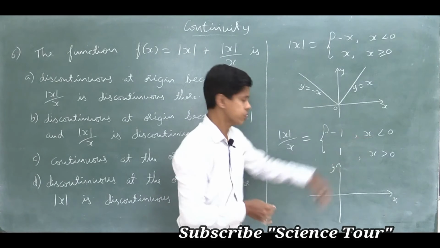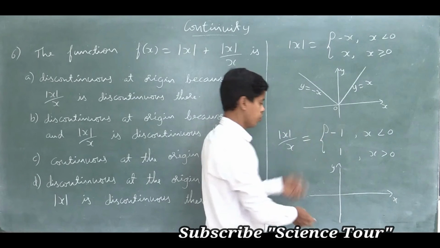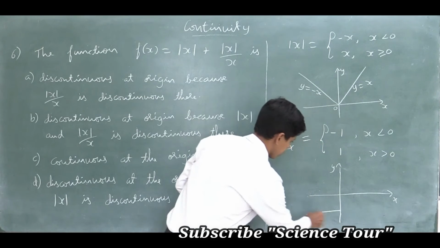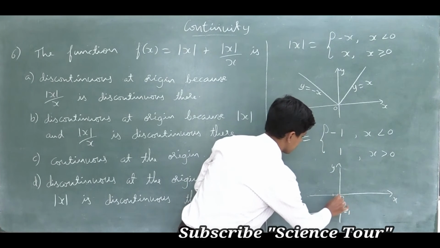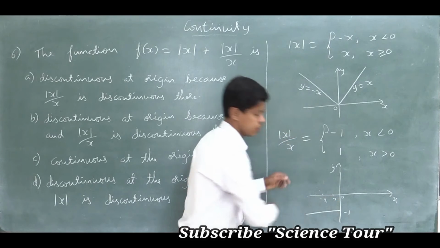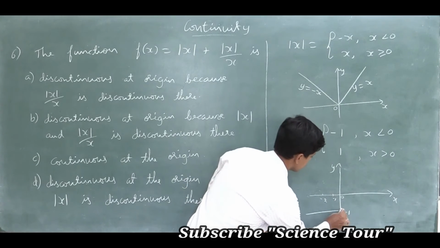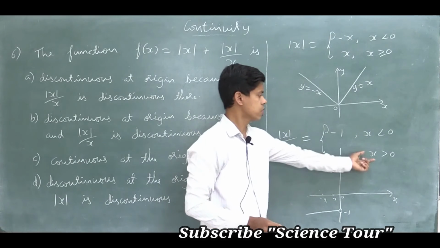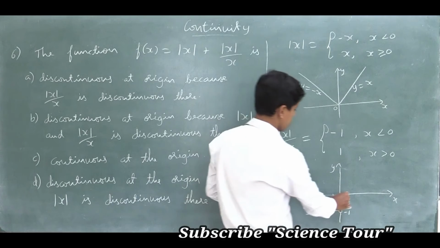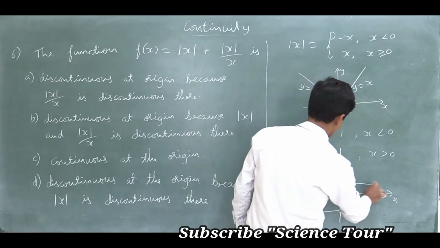For all the negatives, the value of the function, the output y, is minus 1, correct? So for all negatives, minus 1, minus 2 and all those values, y is minus 1, and at 0 you don't have any value there. And what about the positive values? For all the positive values of x, y is 1, so you will get the graph over here.